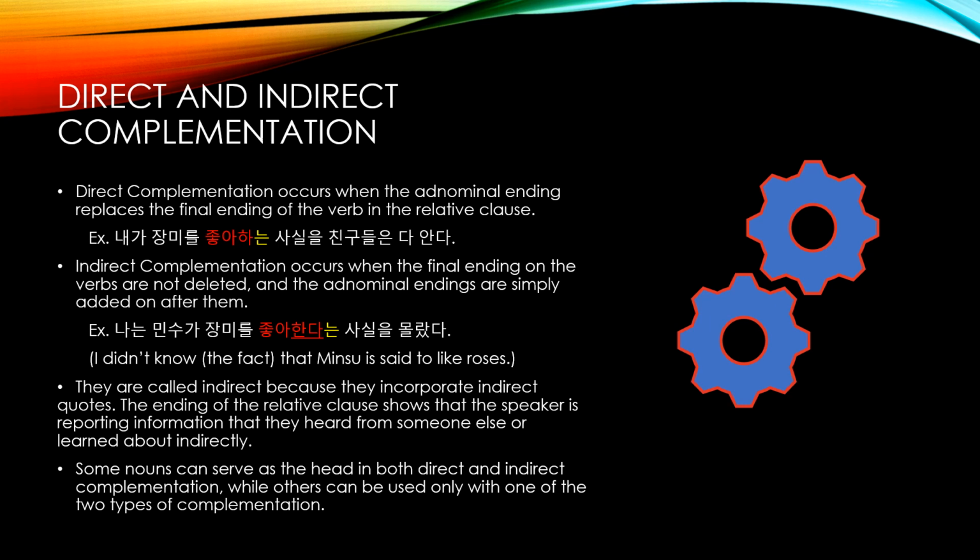And that nun, that adnominal ending, is just added on after the handa. And we know that handa is a form of indirect quotation, right? And so that's why they're called indirect, because they incorporate indirect quotes, meaning the end of this relative clause shows that the speaker is talking about information that they either heard from someone else or they learned about indirectly.